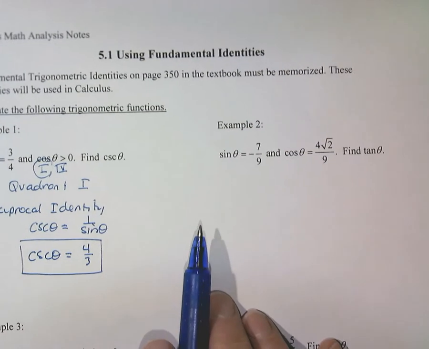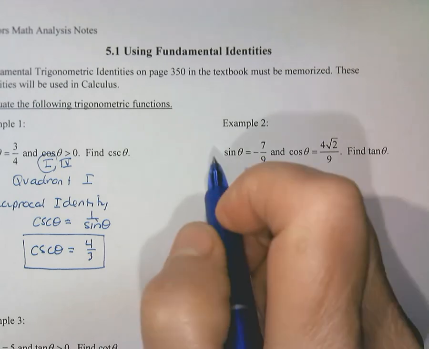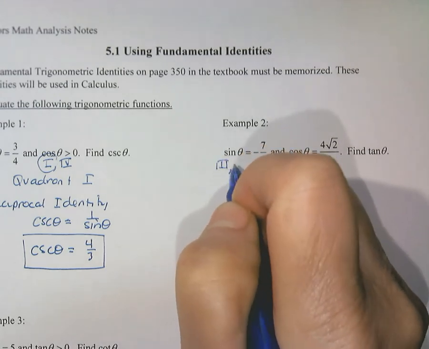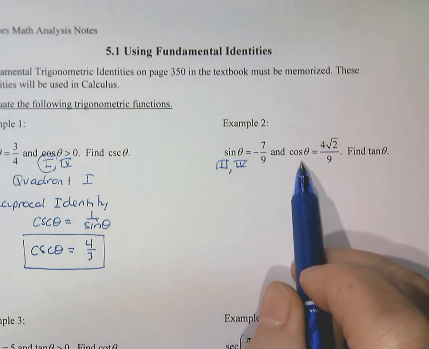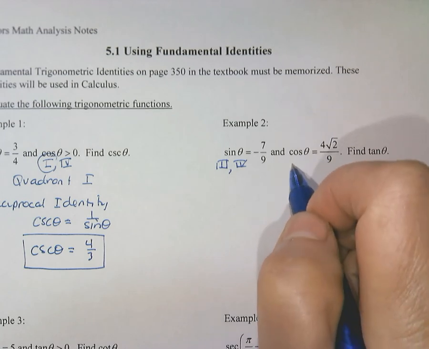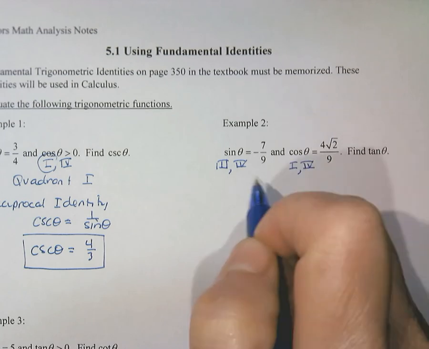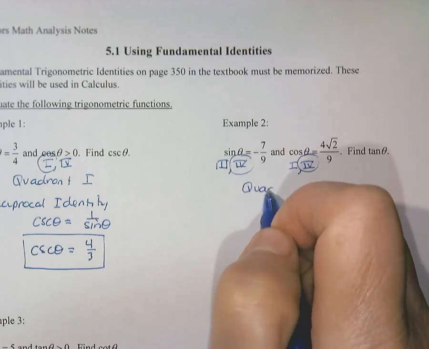So the second example, I have sine theta equals -7 over 9. So sine is negative in quadrant 3 and quadrant 4. This gives me cosine, and it's a positive number. Cosine is positive in quadrant 1 and quadrant 4. So I'm looking for something in quadrant 4.